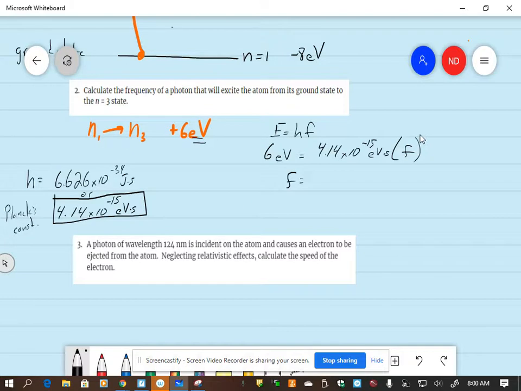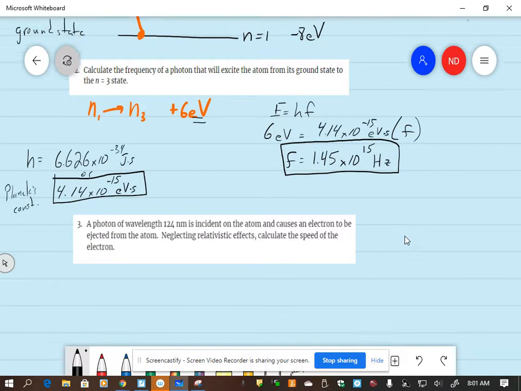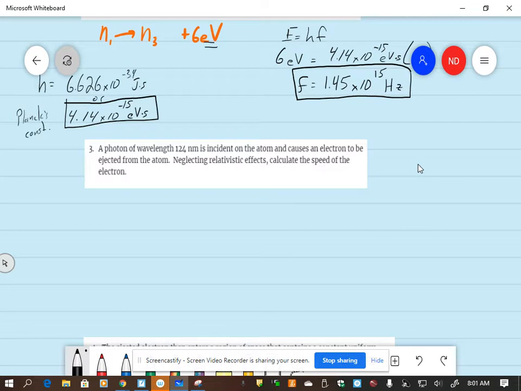You should get the frequency to be 1.45 times 10 to the 15th hertz. Electron volts will cancel electron volts, and you get per second, which is what frequency is, cycles per second. So there you go. That's not hard, but important to recognize. Planck's constant can be in joule seconds or electron volt seconds.